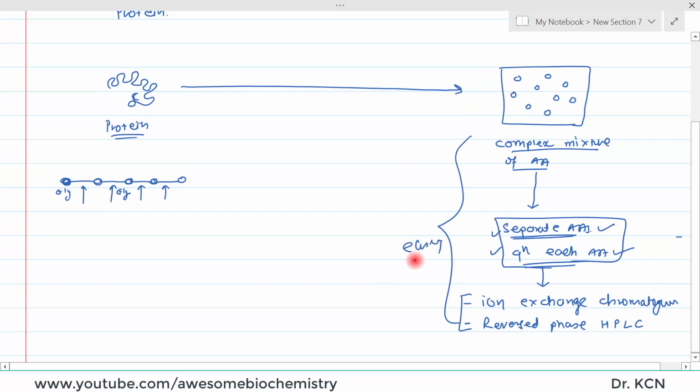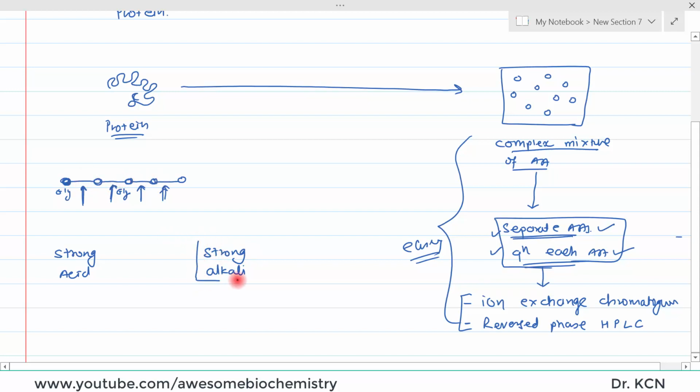This is very straightforward, but the problem is to destroy the peptide bond. The peptide bond can be destroyed by strong acid as well as strong alkali. If you treat the protein with strong acid or strong alkali, both can destroy the peptide bond.